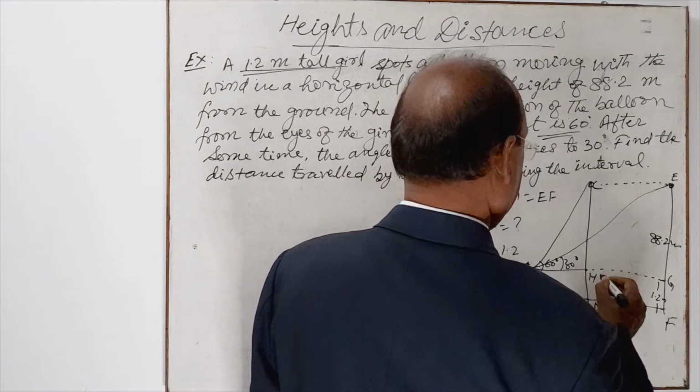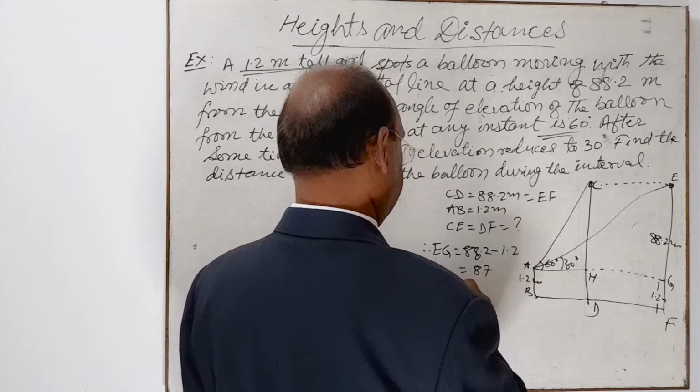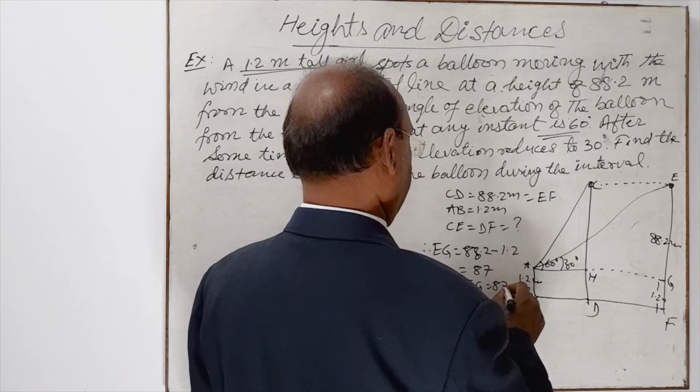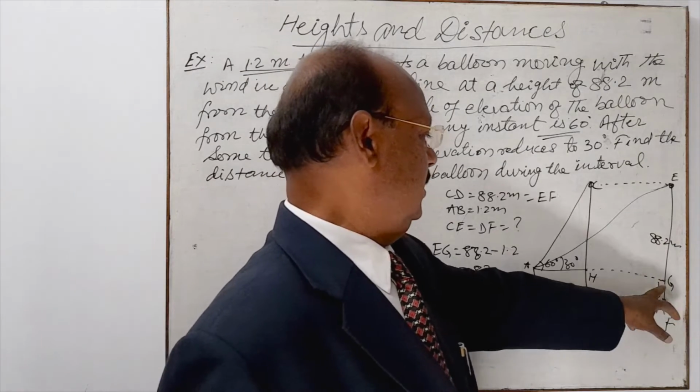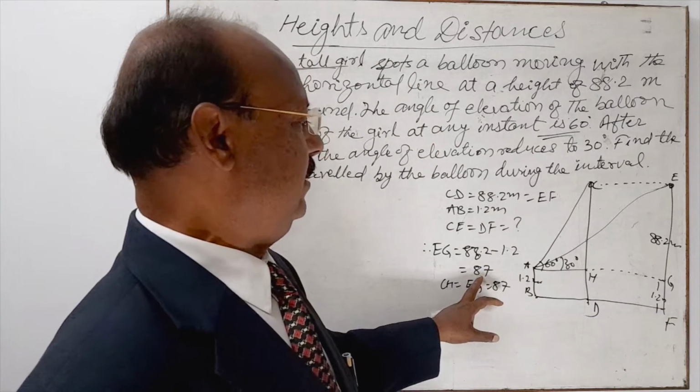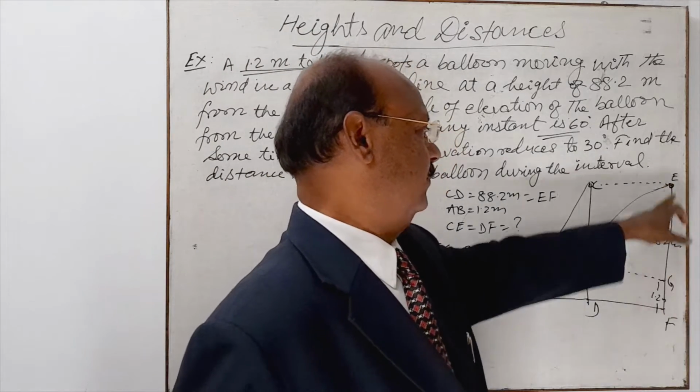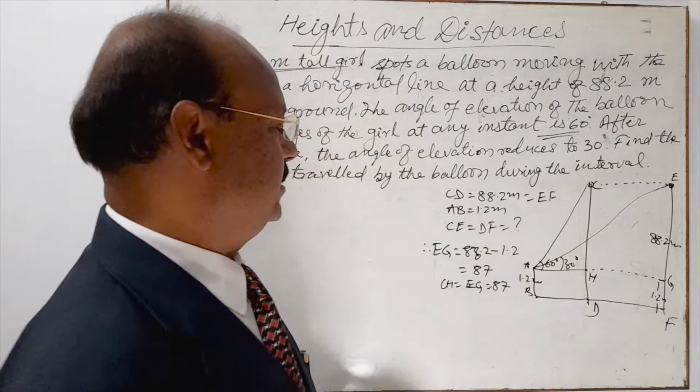And similarly CH will be the same. So EG is here 87 and CH will also be the same as EG, means 87.